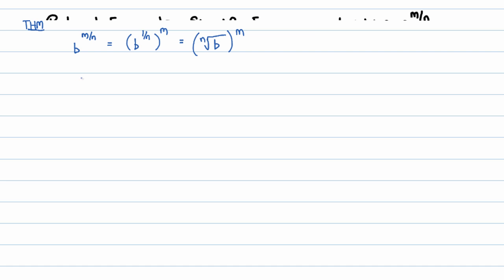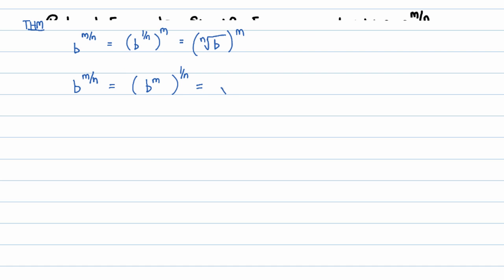Of course, we could have tackled this a different way. Because multiplication is commutative, instead of looking at b to the 1 over n raised to the mth power, I could have said b to the mth power raised to the 1 over nth power. You notice that this multiplication, m times 1 over n, is the same as the multiplication in the first statement up above.